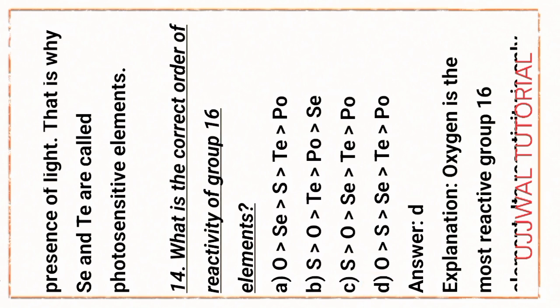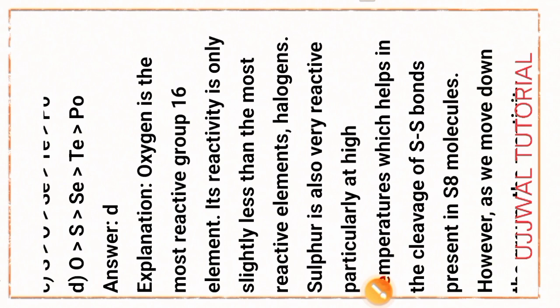That is option D, oxygen greater than sulfur, greater than selenium, greater than tellurium, greater than polonium. To explain this part, my dear viewers, oxygen is the most reactive group 16 element. Its reactivity is only slightly less than the most reactive elements, the halogens.